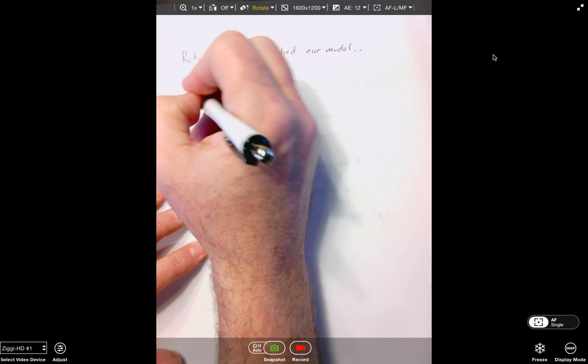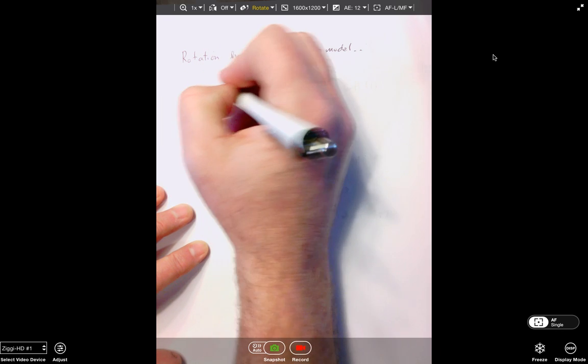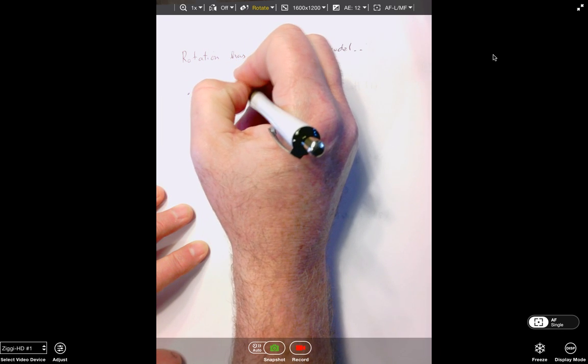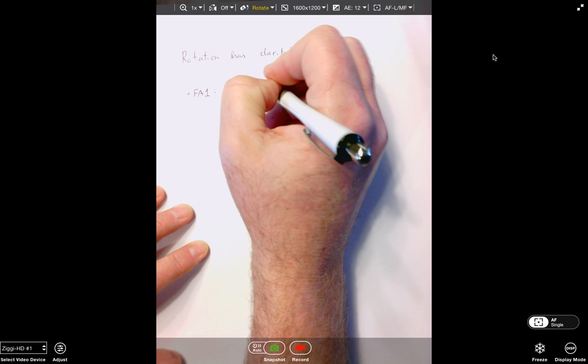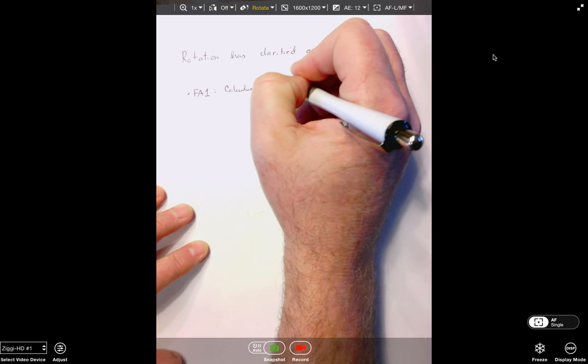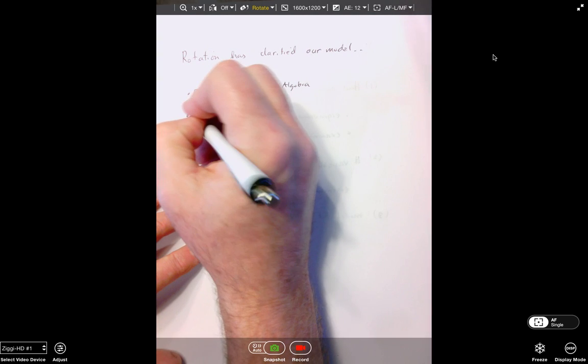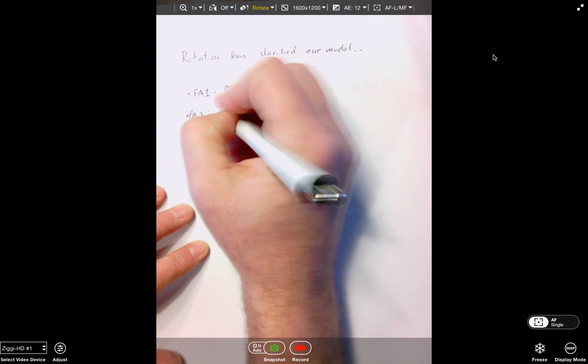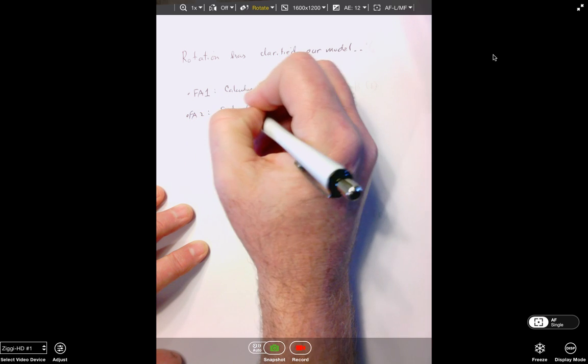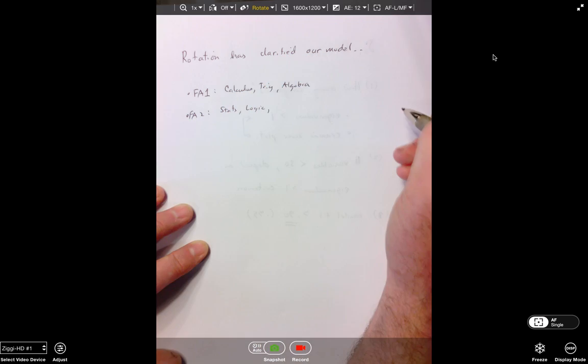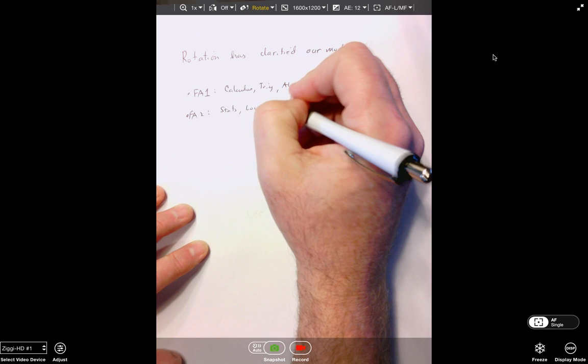Factor 1 loaded calculus, trig, and algebra, while factor 2 loaded stats, logic, and problem solving.